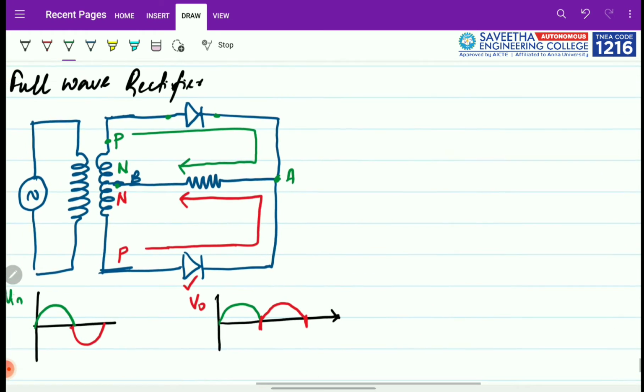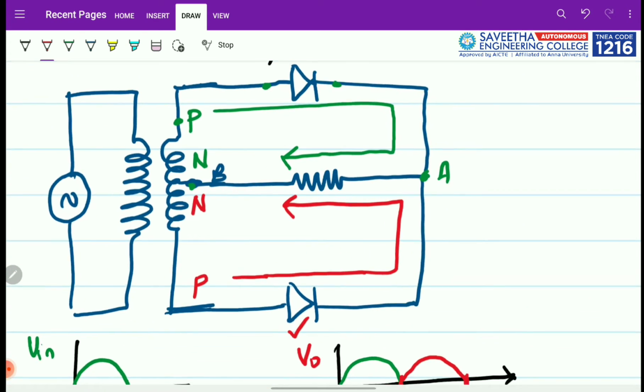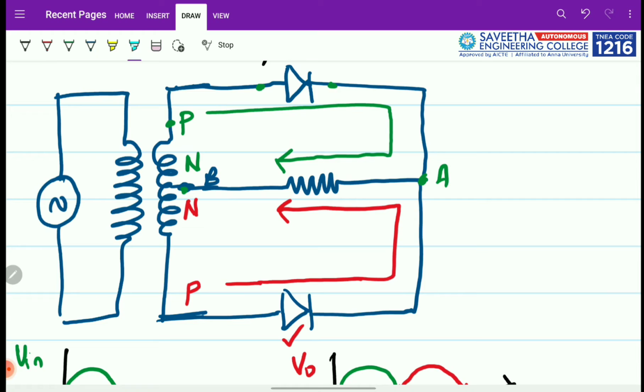So altogether the main advantage of this circuit is I was able to convert all cycles to DC. But here the main disadvantage is, during the first half cycle only half of the secondary is being utilized.